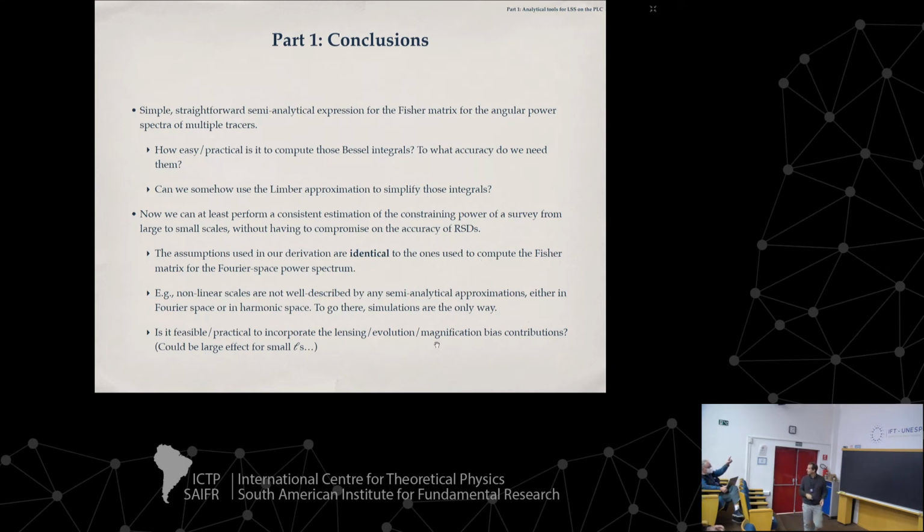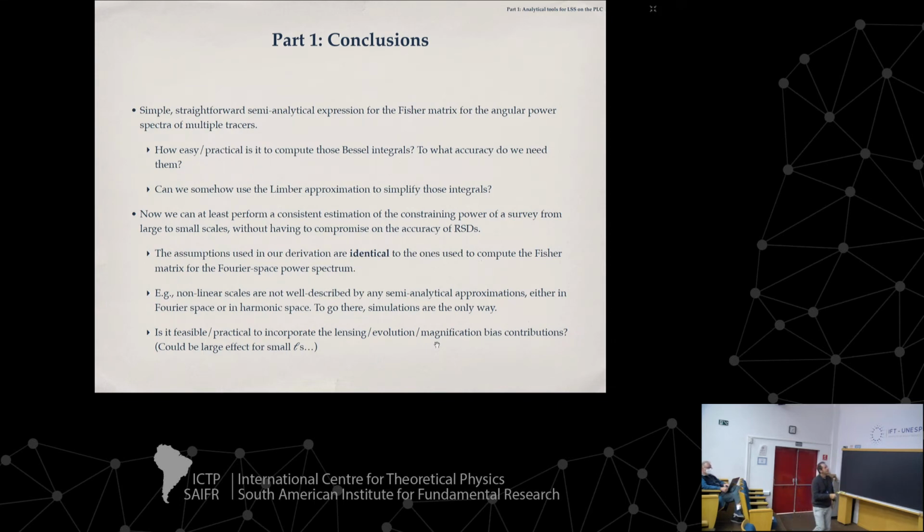If you look at the approximations there, the first term with the delta function looks like Limber. The second term would be beyond Limber in some sense. So maybe the second one you can approximate with Limber because they also have these integrals in there. Yeah, that's basically the idea. That would be to make it even faster.